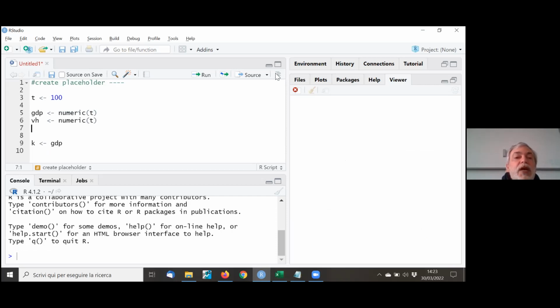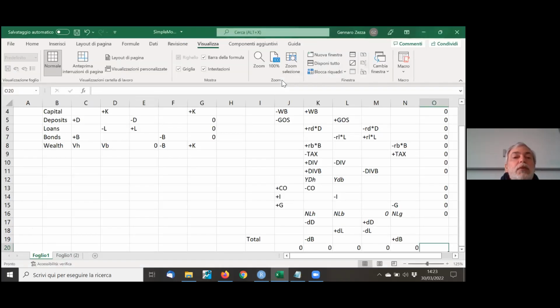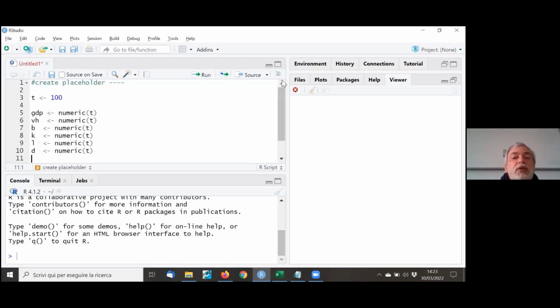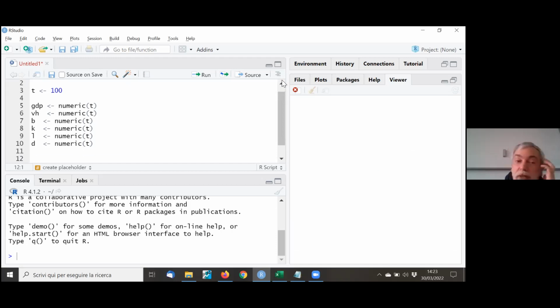Well, VB, we said we want to avoid it for the time being. We have B, we have K. Then we have loans and deposits. Is D a reserved word, maybe? No? Okay, so we are done with the balance sheet.